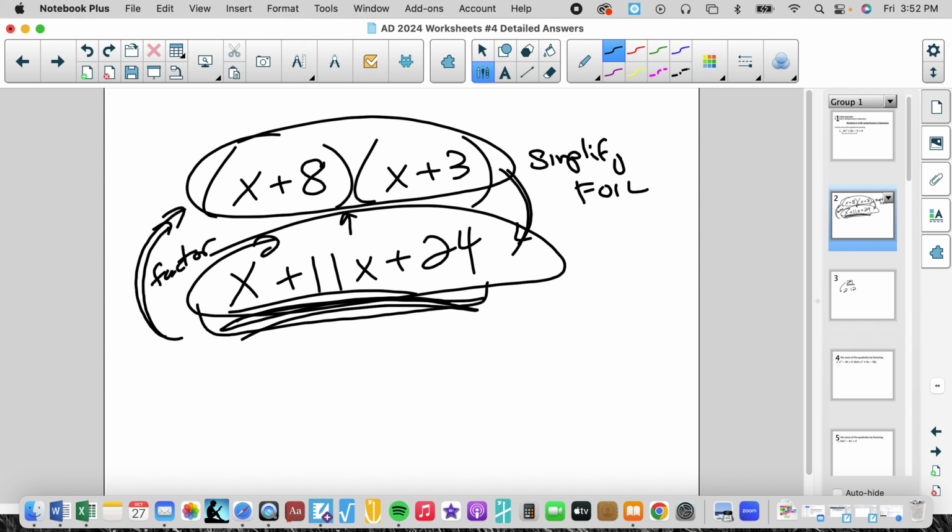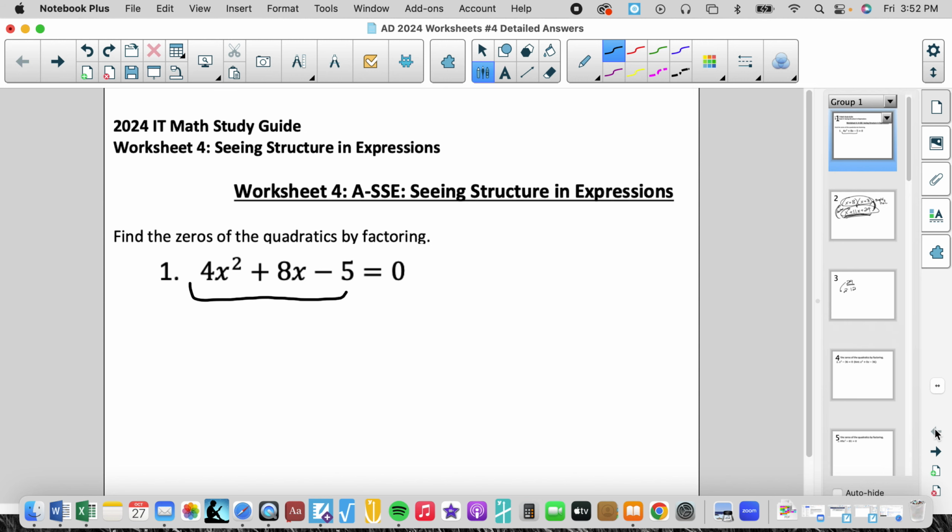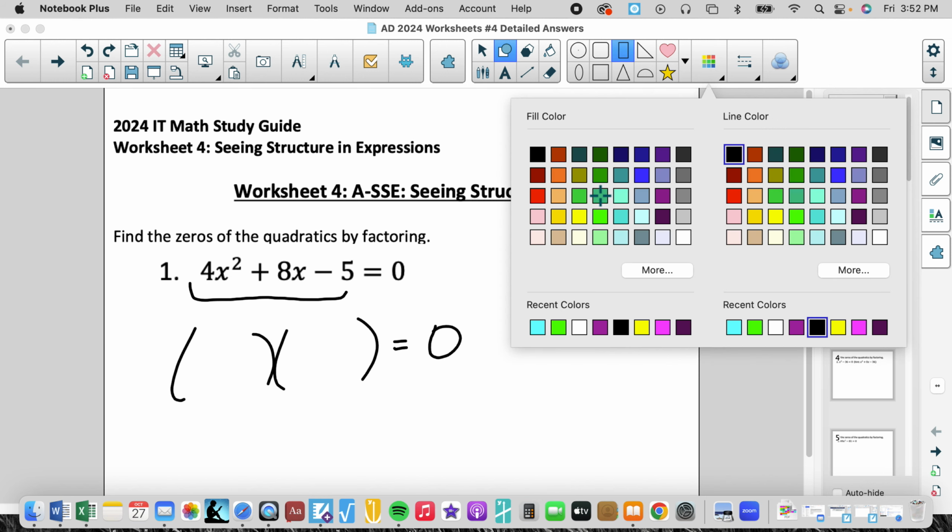So I want you to understand when it says what are the zeros, because we're going to turn this into the product of two numbers. And what do we know about two numbers when multiplied? Let's do this. It's a good little aqua color.